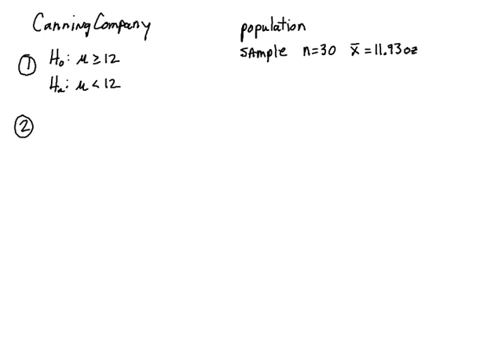Step 2 is to look at the sampling distribution. We are taking sample averages, and we want to see, if we assume that the null hypothesis is true, where those sample averages should fall. They will fall normally around the 12, the claim 12, if the null hypothesis is true, and the standard deviation of that sampling distribution is called standard error.